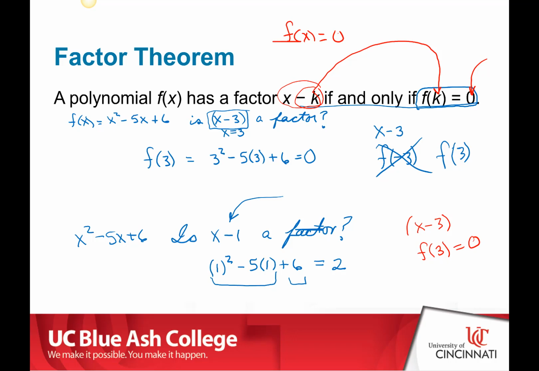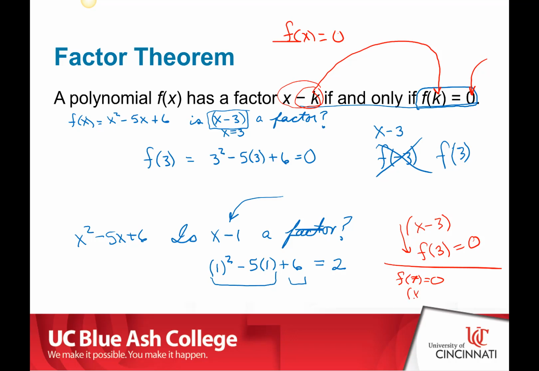That works both ways. If I tell you, for example, that f of 7 equals 0, a real fair question is, what is a factor of this polynomial? If f of 7 equals 0, what is a factor? Well, it's going to wind up being this idea going the other direction.